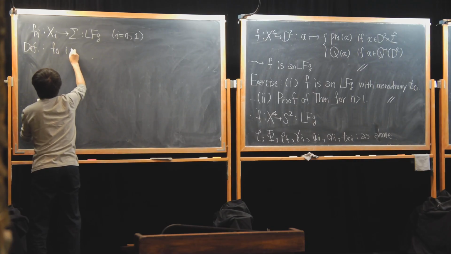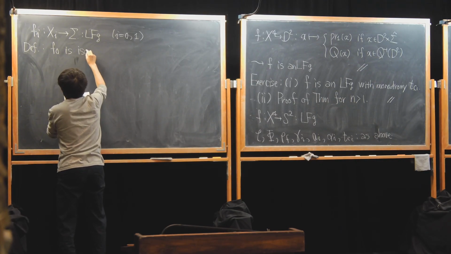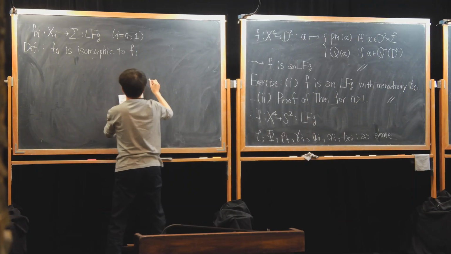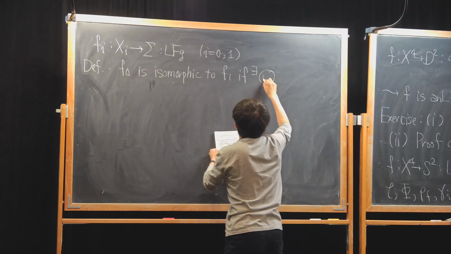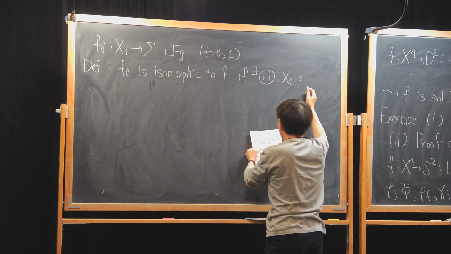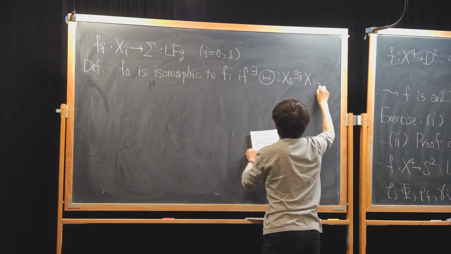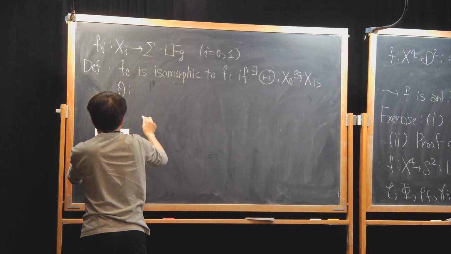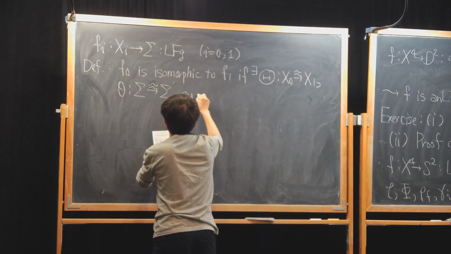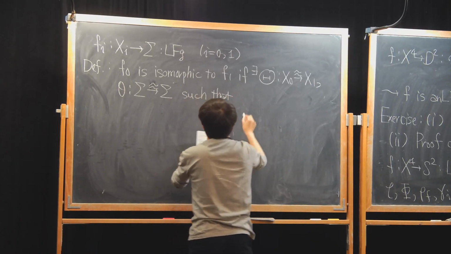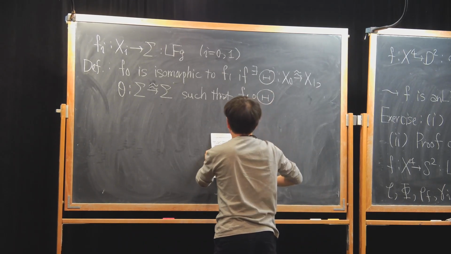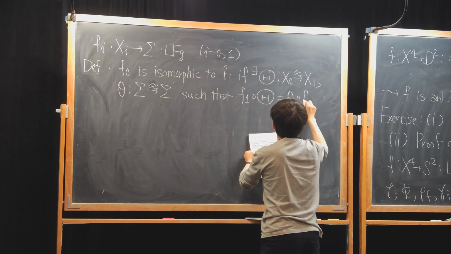So F0 is called isomorphic to F1 if there exists a diffeomorphism Theta from X0 to X1 and small theta from Sigma to Sigma such that F1 composed with Theta is small theta composed with F0.